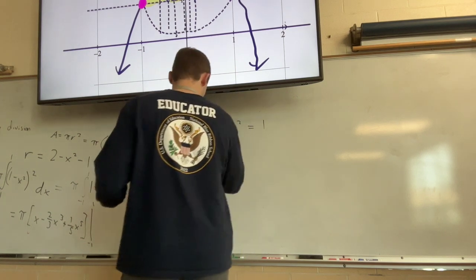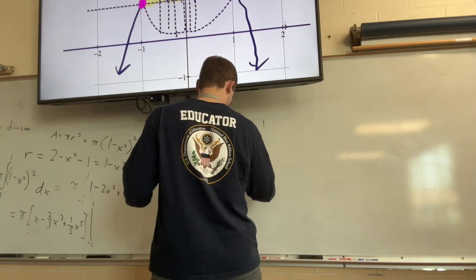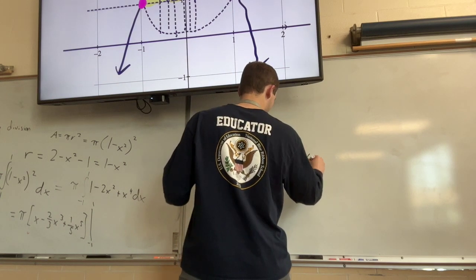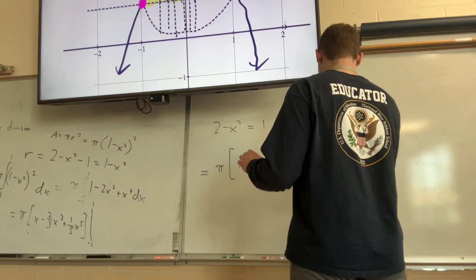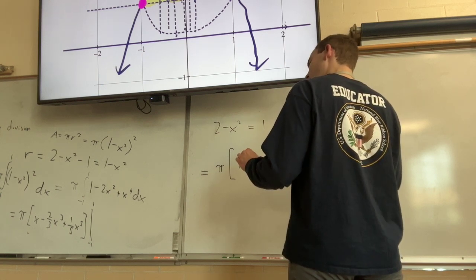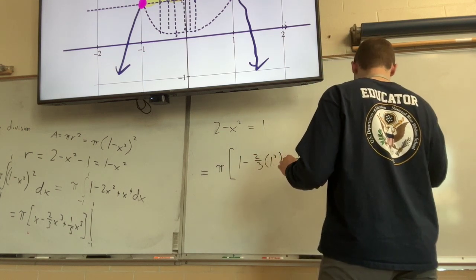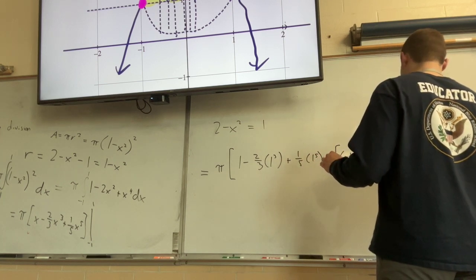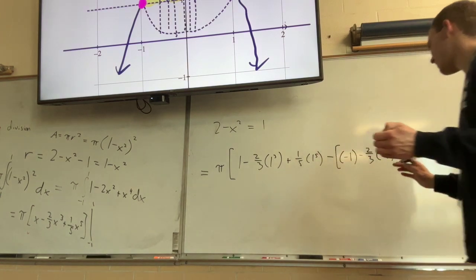Answer key's wrong, sorry. Pi times 1 minus 2/3 times 1 cubed plus 1/5, minus, at -1, minus 2/3 times -1 cubed plus 1/5 times -1 to the 5th.